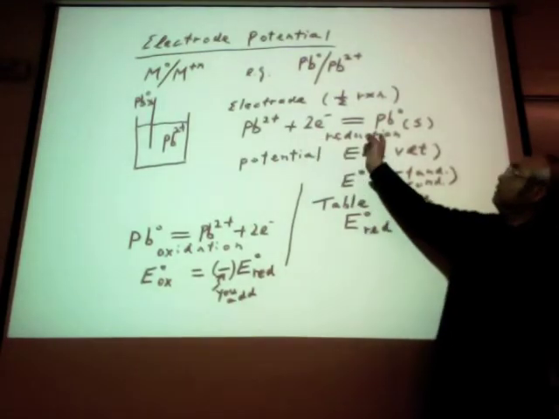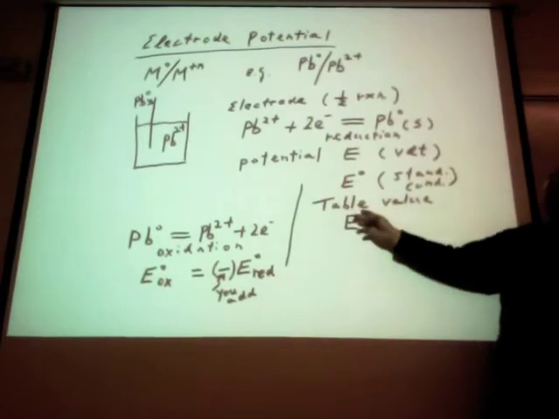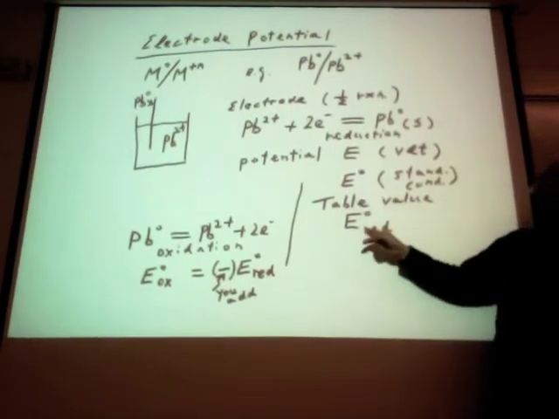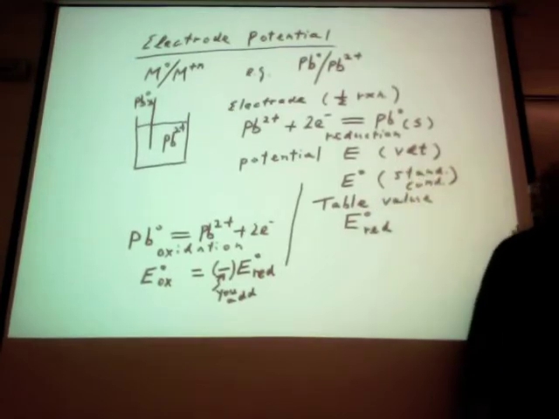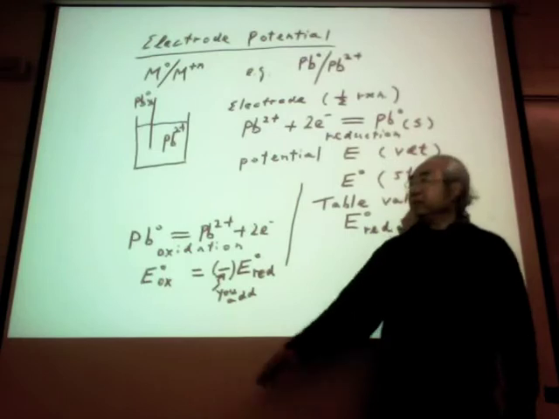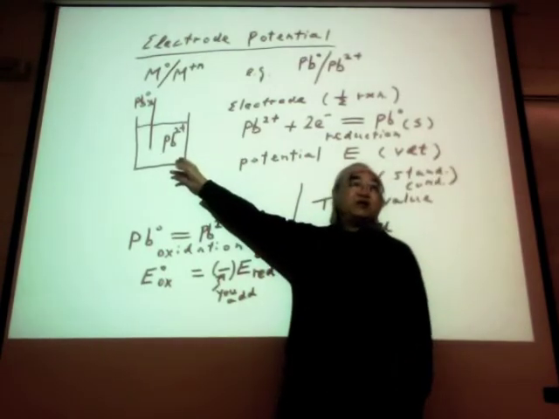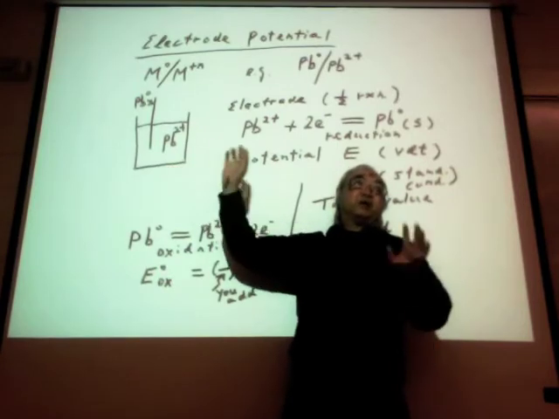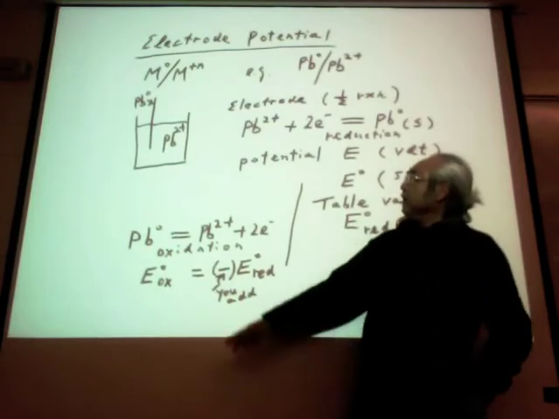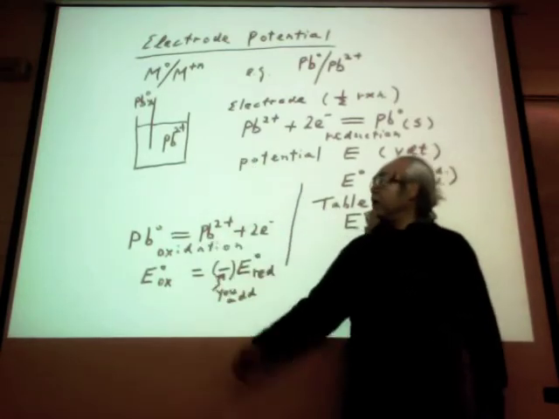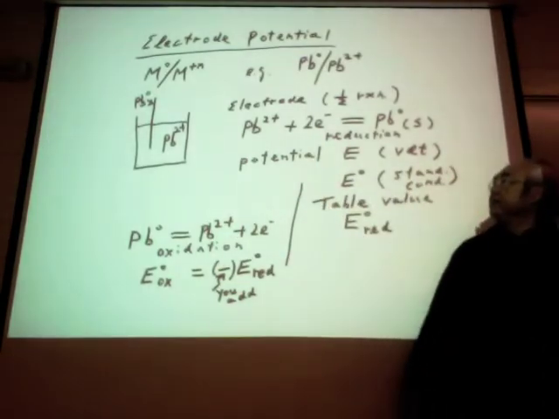What is written here is reduction, so the table gives you the reading for the reduction potential, whatever that volt is. Now, if you arrange it such that this is your oxidation half, not your reduction half, because of how you combine them, then the reaction is switched the other way around.